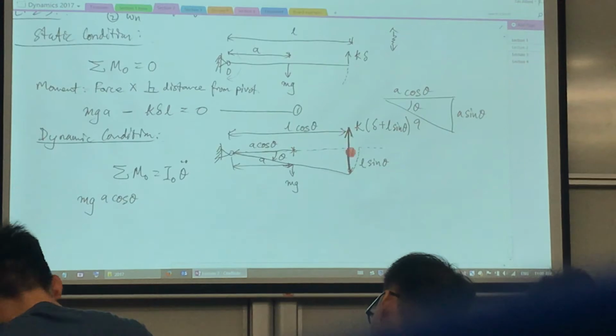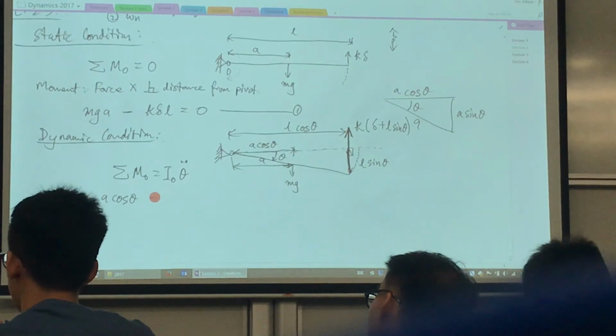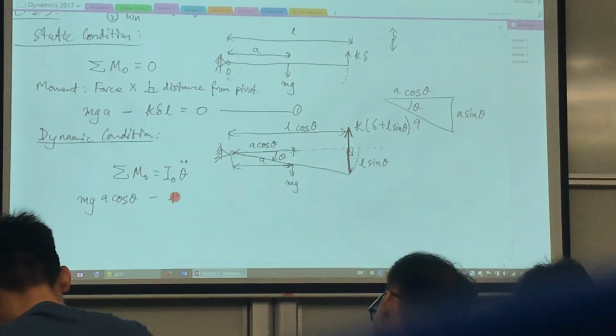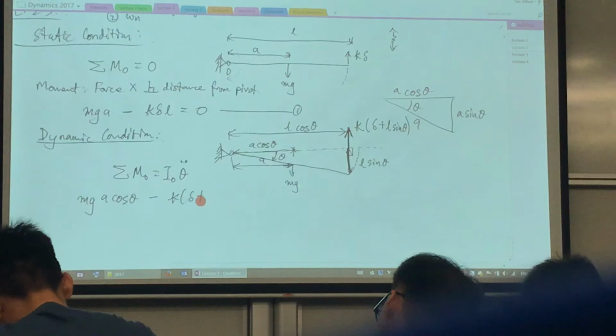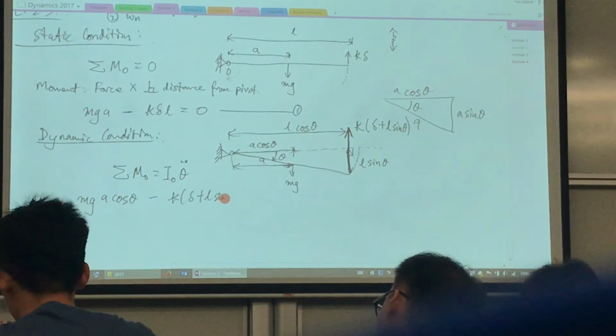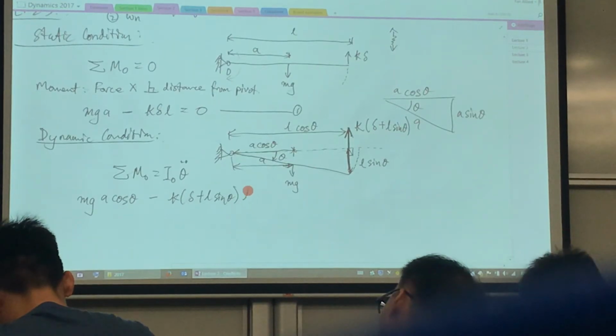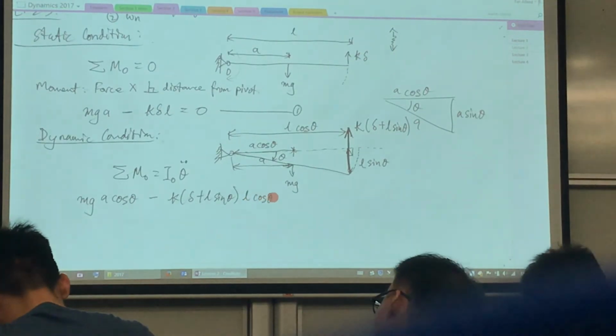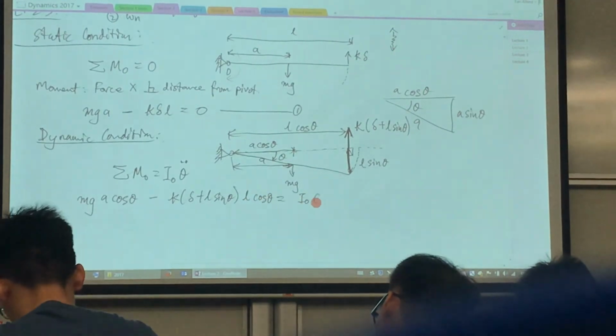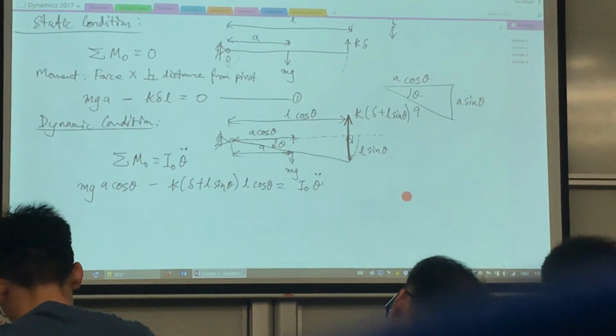You have the second one over here, that's against our convention direction. So that's minus the force k(sigma plus L sine theta), and then multiplied by the perpendicular distance, equal to I naught theta dot dot.